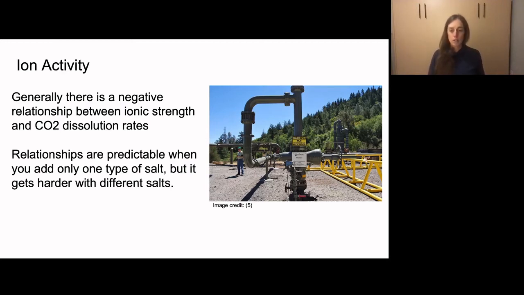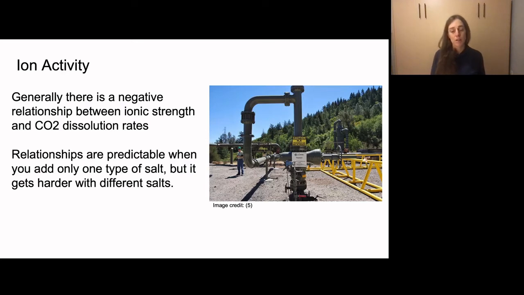The process is taking this CO2 gas, pumping it into the groundwater, having it dissolve in the groundwater, moving along our carbonate equilibrium, and eventually precipitating out as some solid carbonate. However, if we have these different brines, we might not be as effective at moving our CO2 into solution and along that carbonate equilibrium.